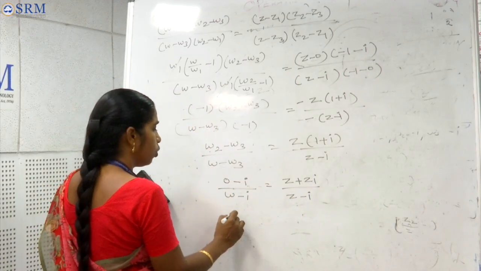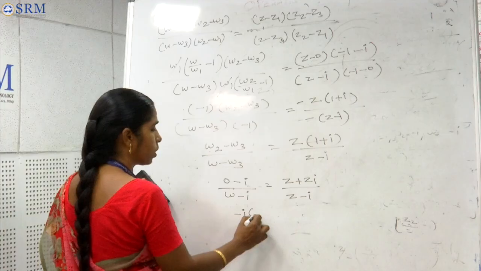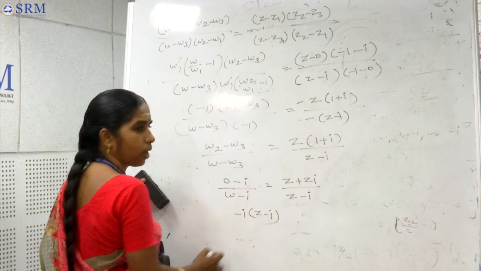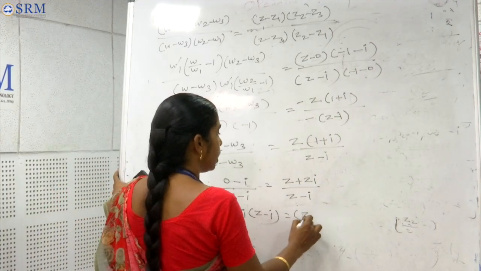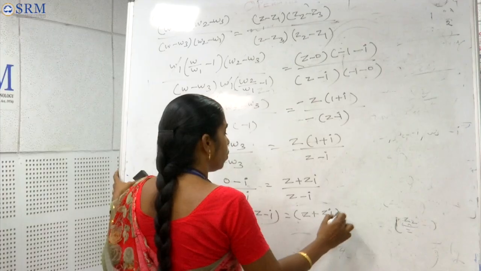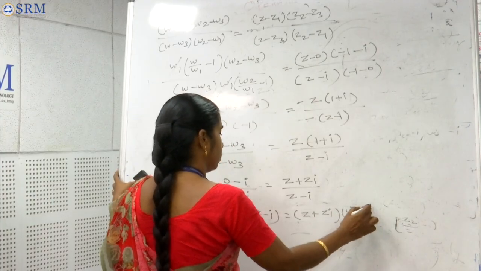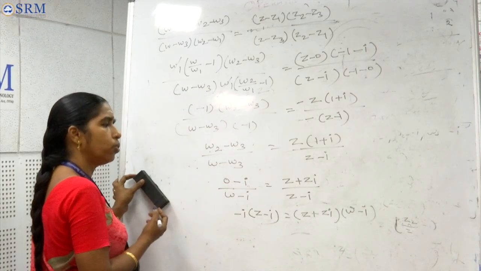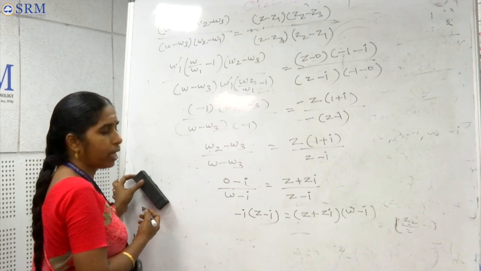Minus I is the numerator. Here I cross multiply: (Z minus I) into (W minus I) is equal to (Z plus Zi) into ... This is one of the methods you use in the divide and compound rule.